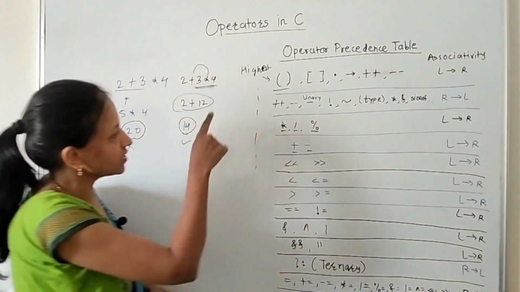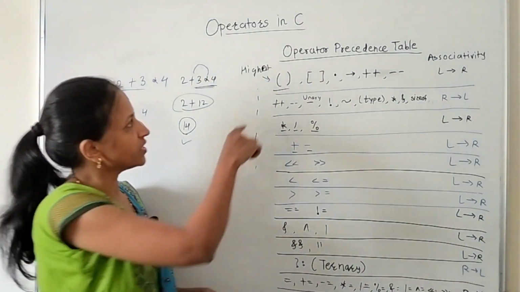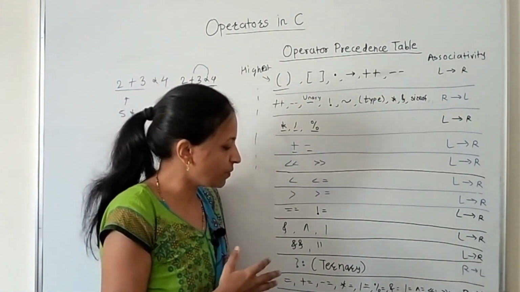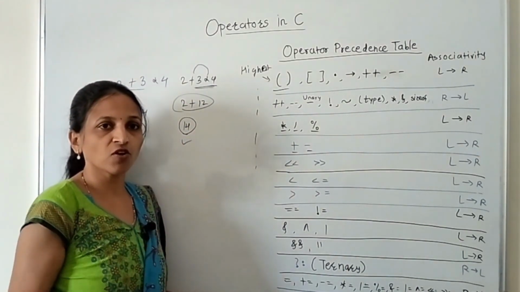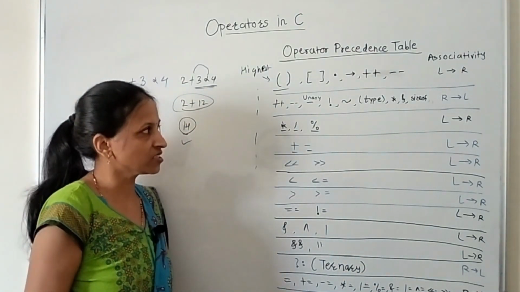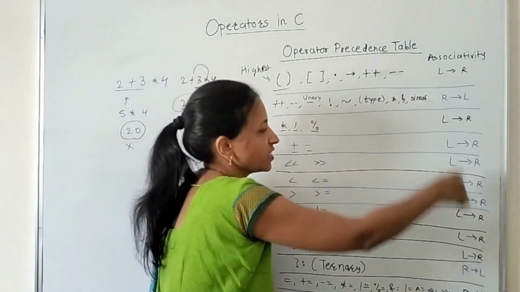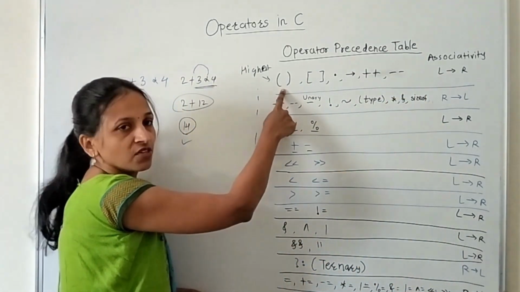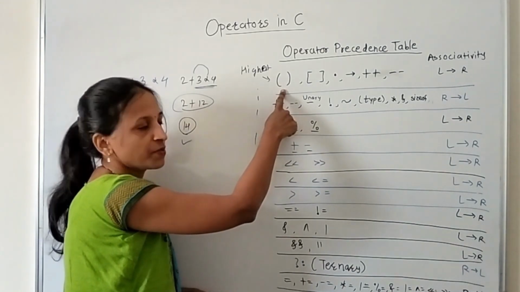Now see here in this table, I have written all the operators which are available in C language, which we have already discussed, and I have written the associativity here. Now see, parenthesis always has the highest priority.